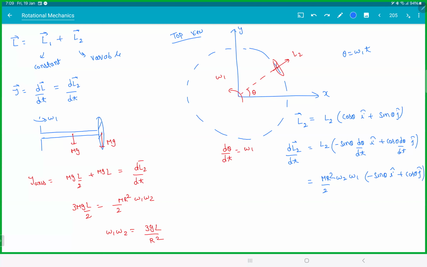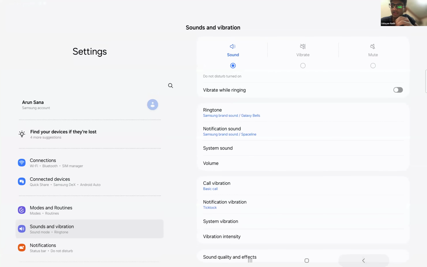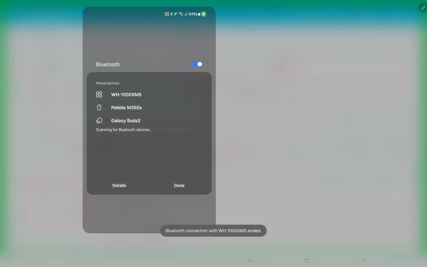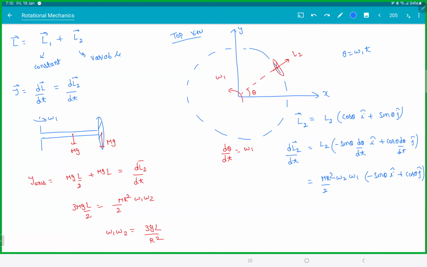Arjun, Aryan, clear with this? Yes, sir. Sir, here you took components because the direction was changing. Yeah. My logic is, see, here the direction is changing. So what is changing is the i cap and j cap. See, this magnitude is always L2 only.